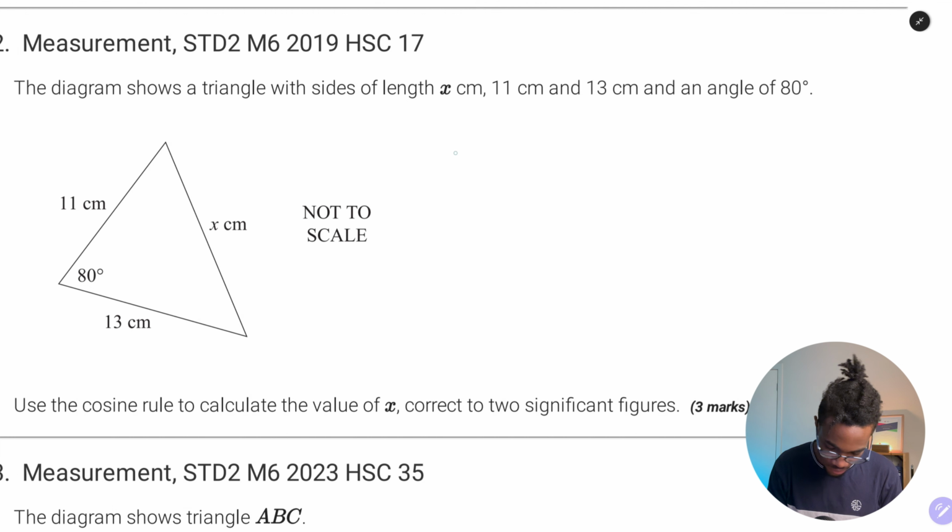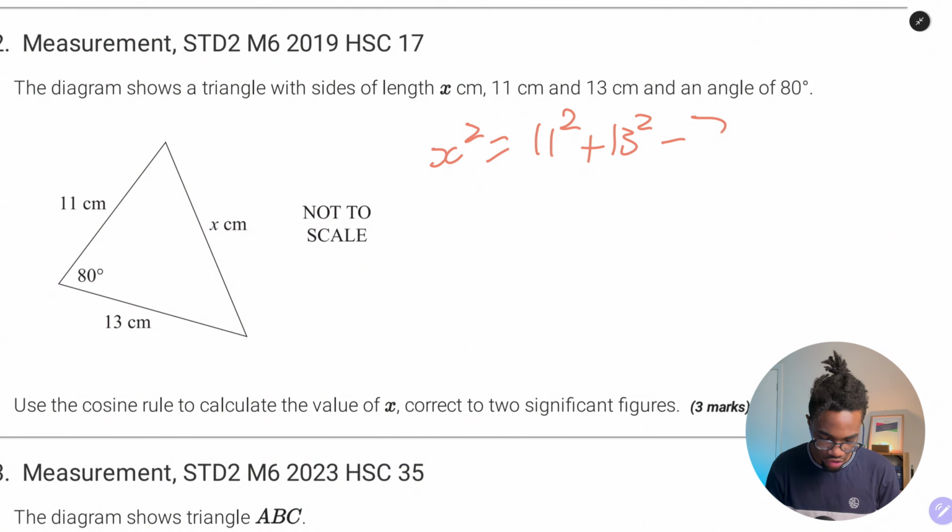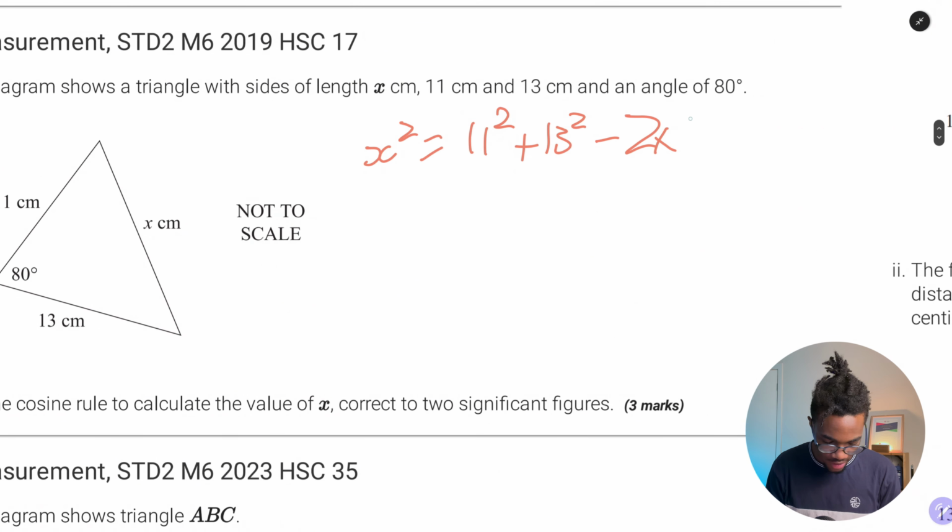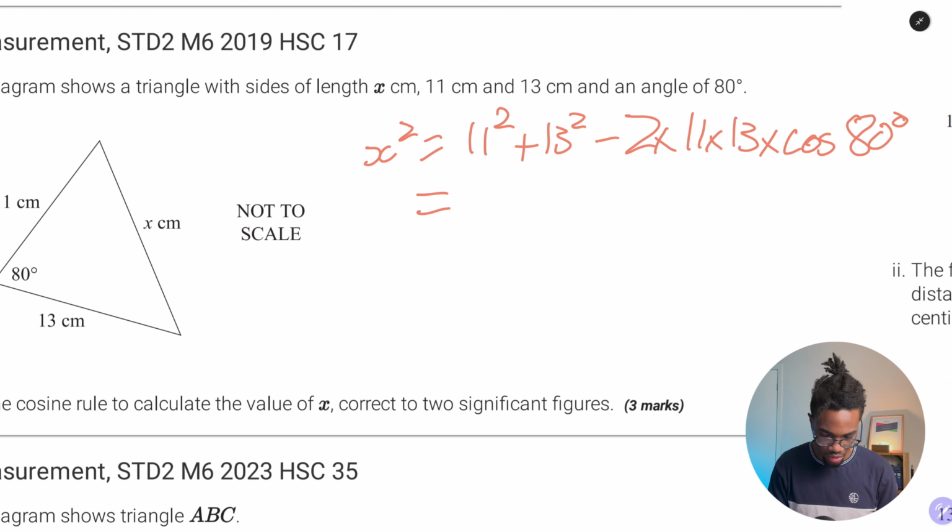So x squared equals 11 squared plus 13 squared minus 2 times 11 times 13 times cos 80 degrees.